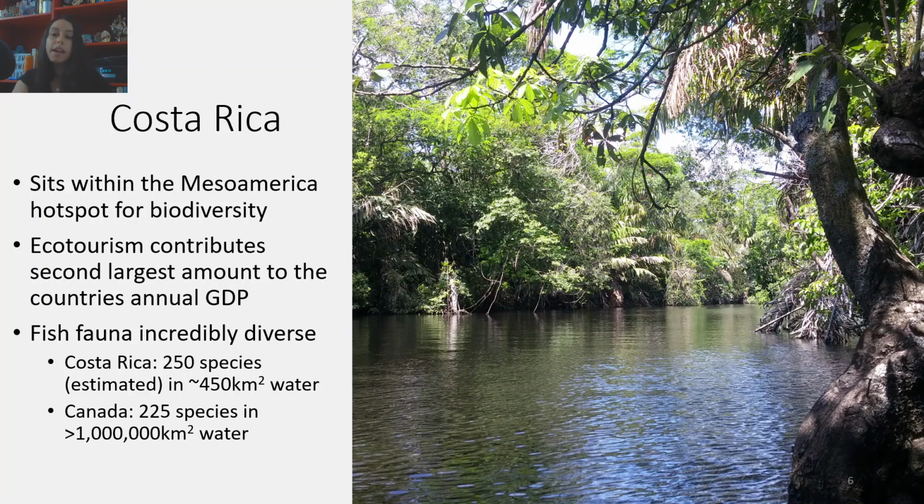So this is quite a distinct difference in total water area, especially given the fact that these 2 assemblages are holding a similar number of species. So this helps to just illustrate how Costa Rica is incredibly diverse, particularly with regards to its freshwater fish fauna.